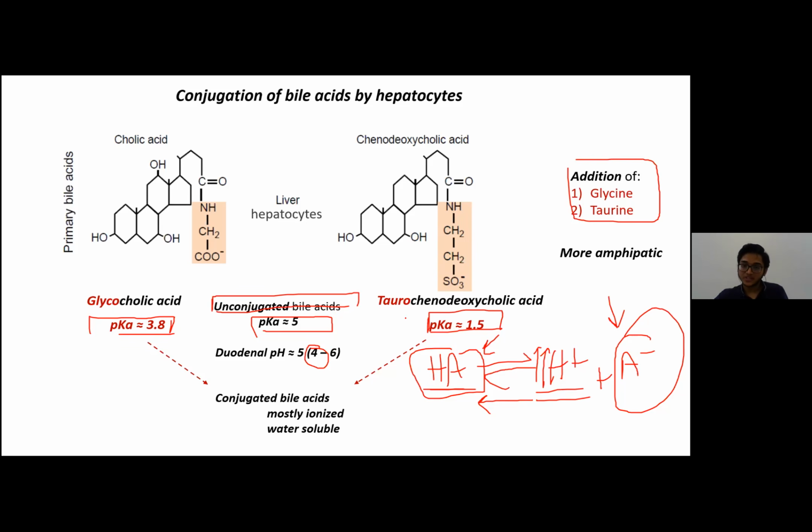The point of conjugation is to decrease pKa, which makes them more ionized. And so conjugated bile acids are more ionized, so they're more water soluble. Does everyone understand this concept? Make sense? Simple? Okay.